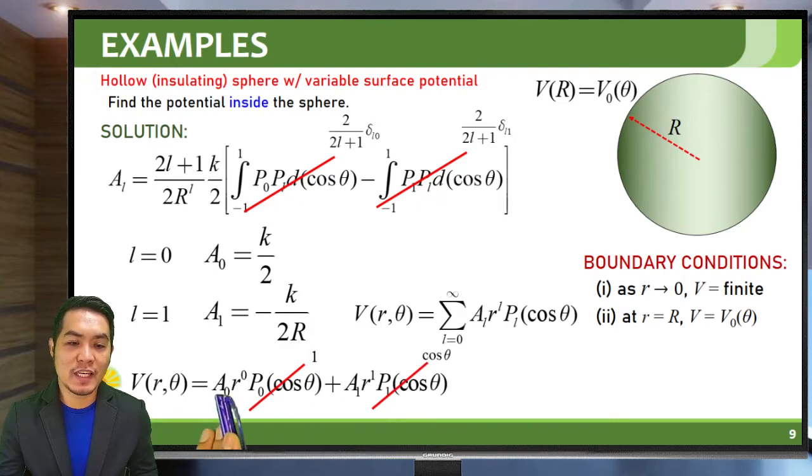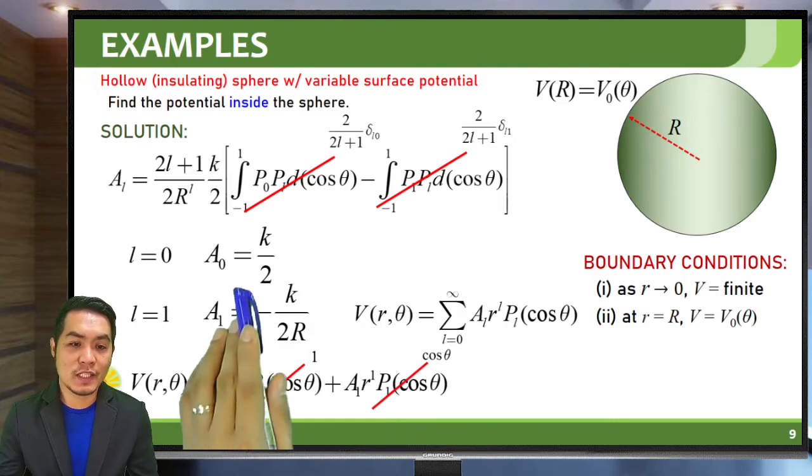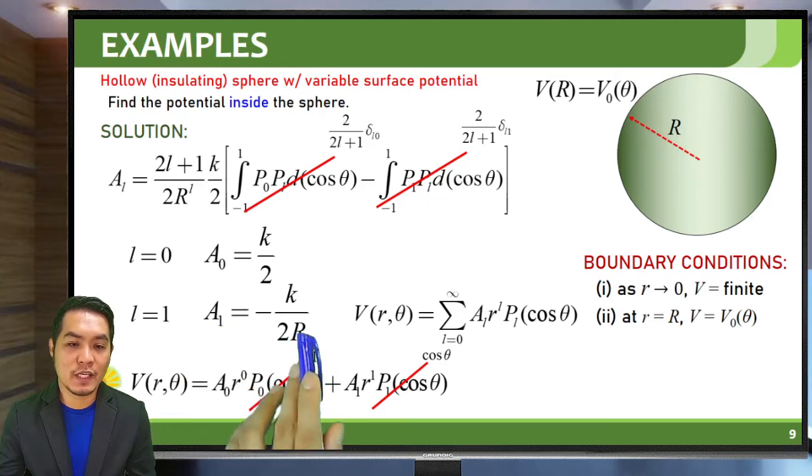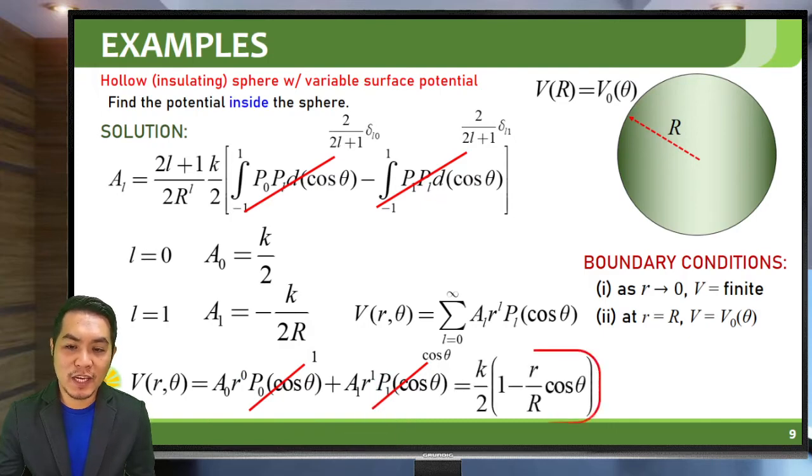And A0 is this one, A1 is this one. R to the 0 is 1, R to the power of 1 is R. So simplifying that, we get this potential. This is the potential inside the sphere with a variable surface potential.